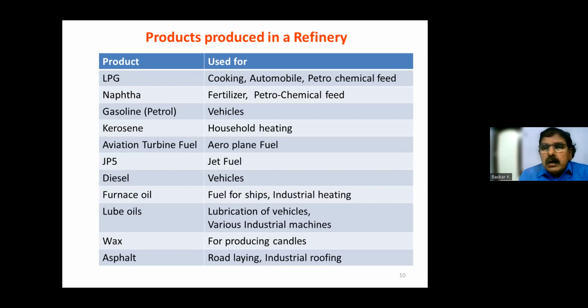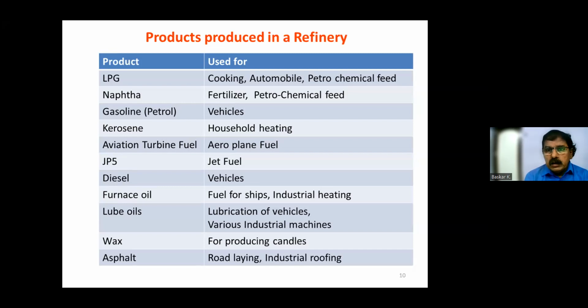It is using an improved version of kerosene as a fuel. And then we come to diesel, that is used for vehicles and some of the agriculture engines. And then furnace oil, which is used for fuels for ships and industrial heating. Then comes lube oil, the engine oil, for lubrication of vehicles and various industrial machines. We have different types of lube oil catering to different requirements. And then wax for producing candle.